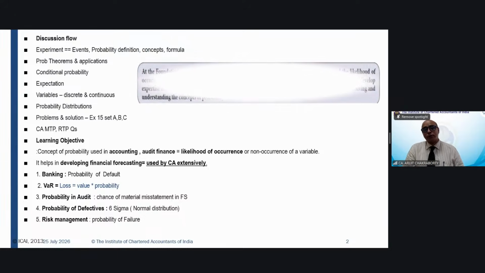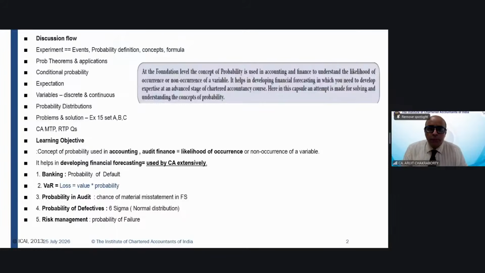Lastly, risk management. There can always be a probability of a failure of any operation, failure of an equipment. Even if you think of aviation, there is always a probability of an air crash. But the probability is very less, no doubt. But airline operators will always try to find out the probability of an aircraft going wrong in the sky when the aircraft is in flight, or when the aircraft is taking off from the runway.